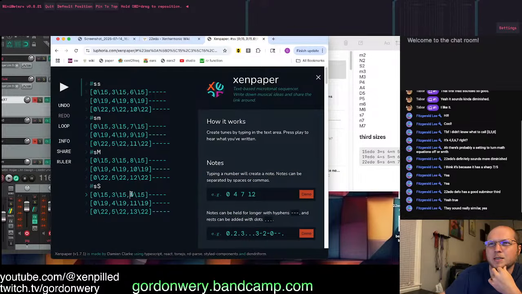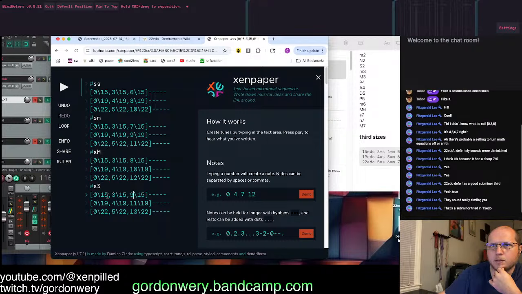That's what's strange. So this is a fourth. So 9 to 15, this is 6. So that's another fourth. So this is like a quartal thing, actually. Well, you could stack it 4, 4 if you wanted to.